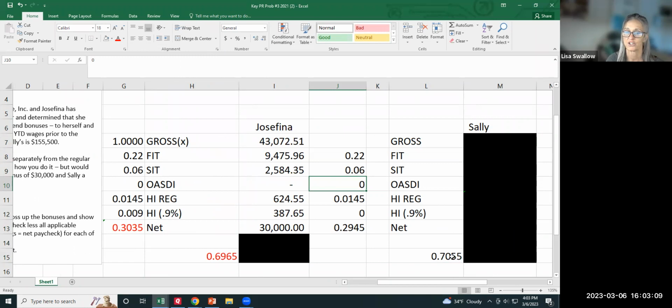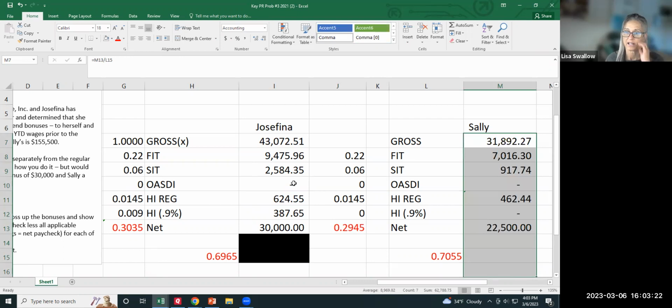So my check is going to be 70.55% of X. And if I divide my net check by the 0.7055, I'm going to get up to the gross.